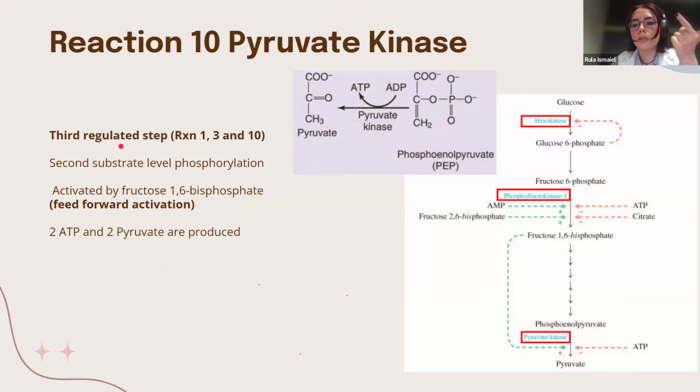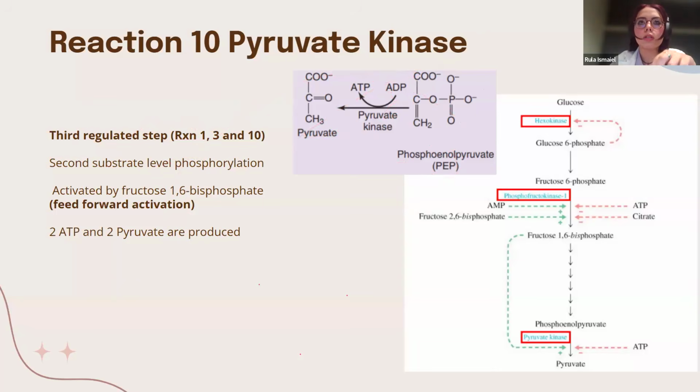Reactions 1, 3, and 10 are the 3 regulated steps. We spoke about 1, we spoke about 3, and now this is 10, the final one. It makes ATP. Is it 1 ATP or 2 ATP? It's 2 ATP, and 2 pyruvates are produced.